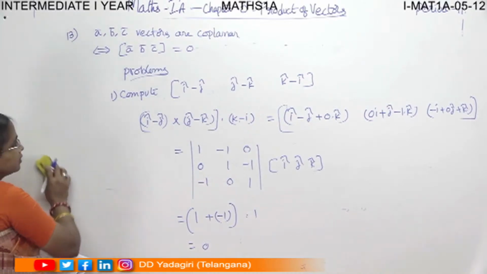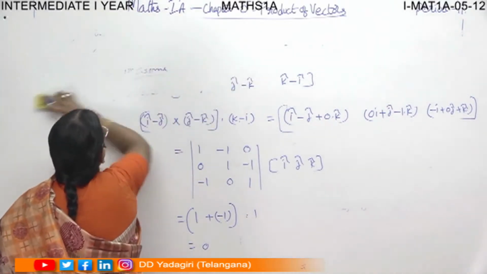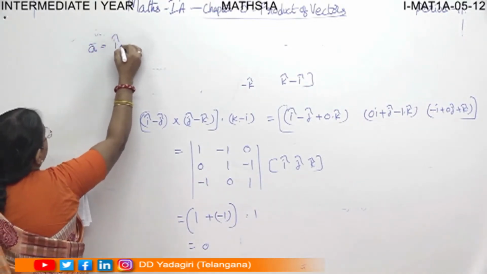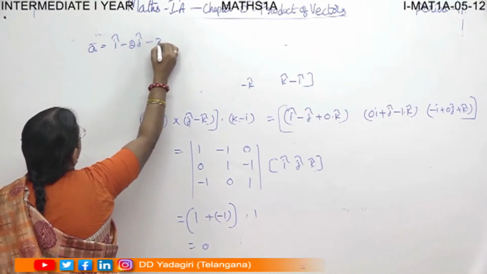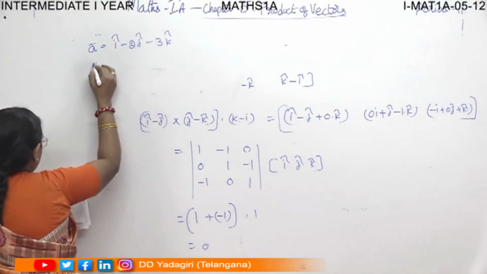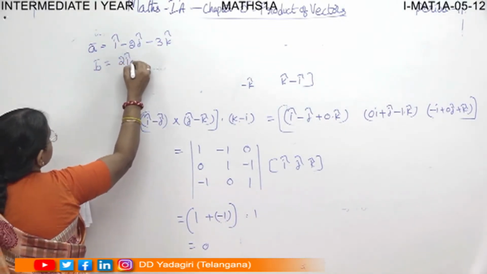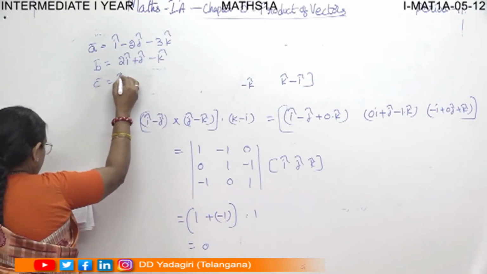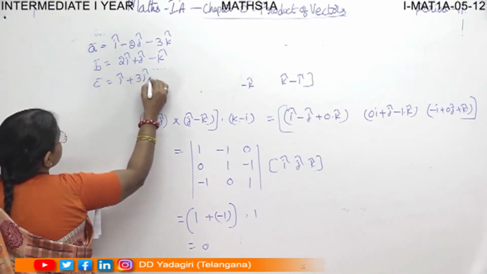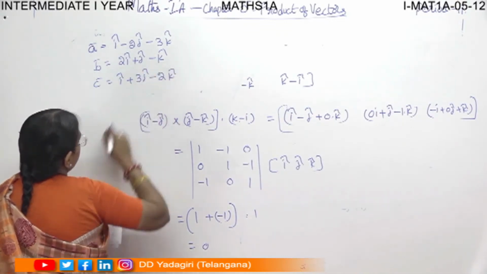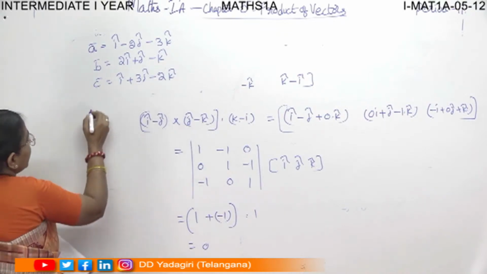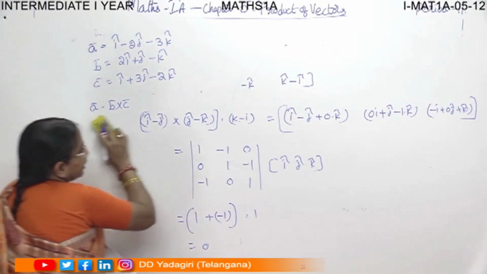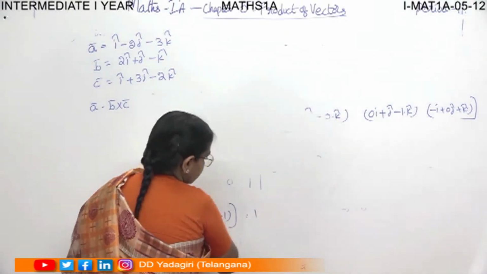Now the next one, the second problem. Suppose that A is equal to i minus 2j minus 3k, B is equal to 2i plus j minus k, and C is equal to i plus 3j minus 2k. Now compute A dot B cross C. It is the same type of problem.